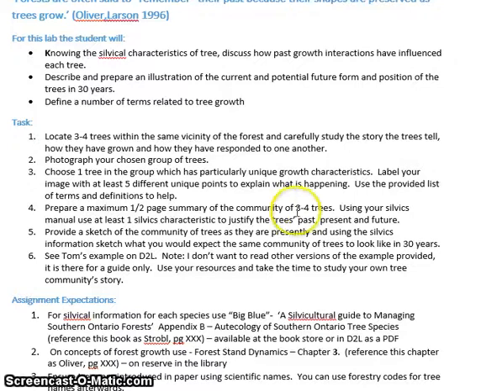But use the Sylvics manual in particular, looking at the species that are in your community, and just use one Sylvics characteristic, a really solid piece of evidence to explain a little bit about the past.